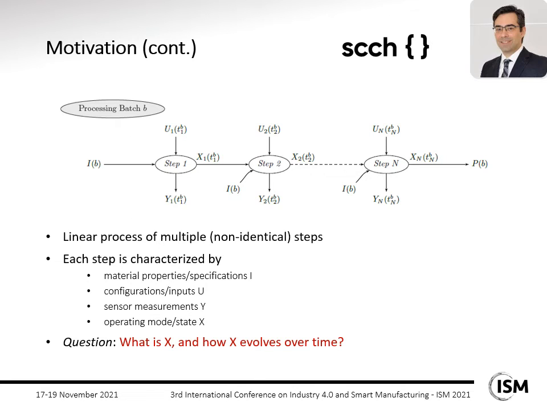In this figure, we see a schematic of a potential manufacturing line, which is assumed to be linear. In other words, we assume that the number of steps is predefined and fixed. And in each of these steps, we have several parameters and properties characterizing it. In particular, we have the material property specifications I. So these are parameters related to the batch item that's going to be processed.